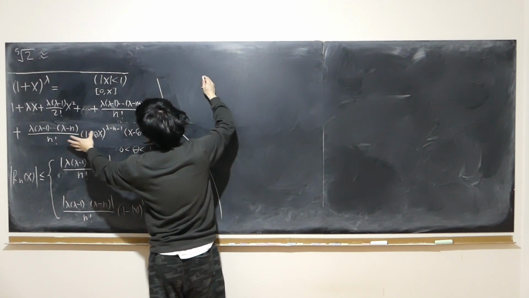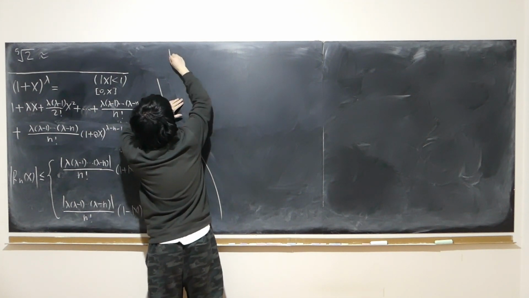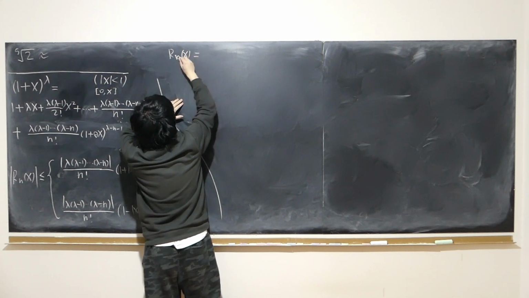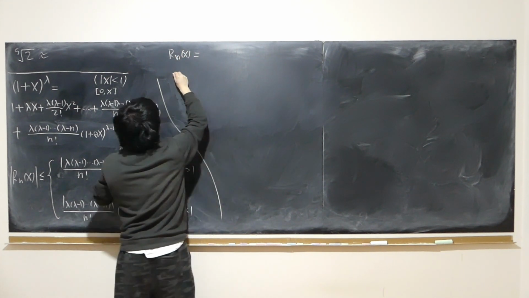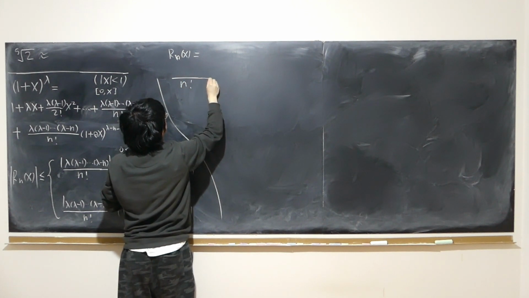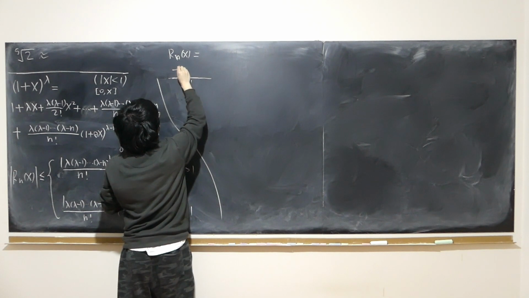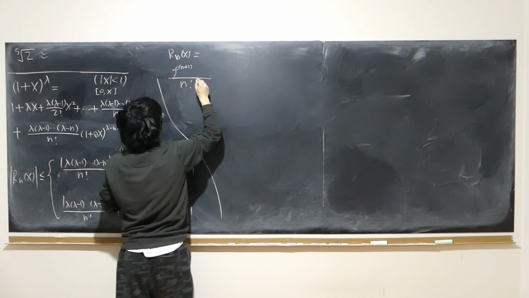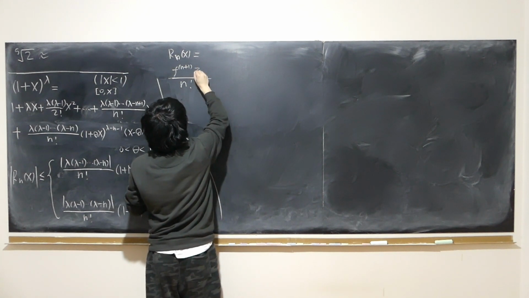So the Cauchy remainder R_n of x originally looks like this: first of all, 1 over n factorial, then we have the n plus 1th order derivative at some point, xi.